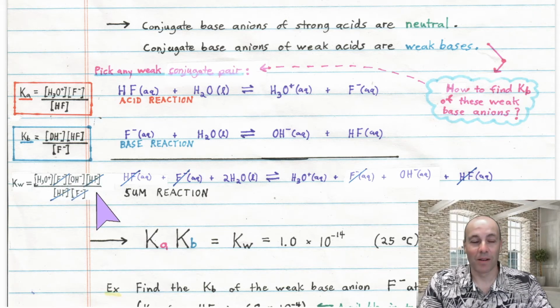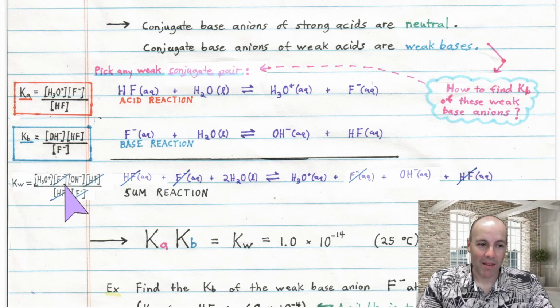Now also, if you cancel off the F minus up here and down there and the HF up here and down there, you'll see that this equilibrium constant is also the proton times the hydroxide concentration, which is Kw. So that's the big relation. Ka times Kb equals Kw. And maybe you could have thought about this a different way.